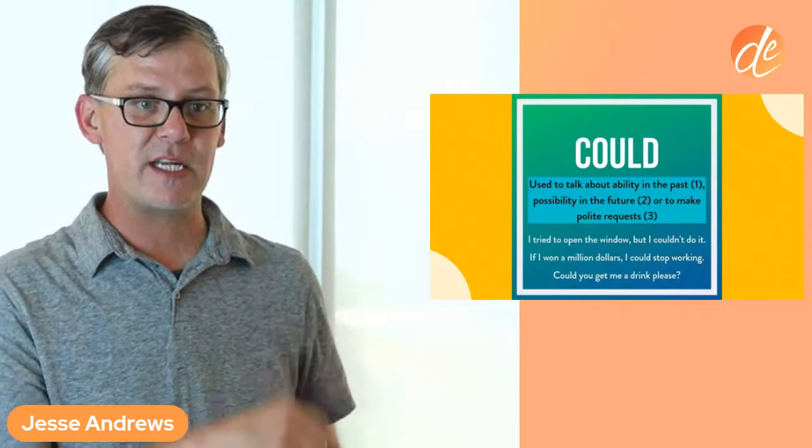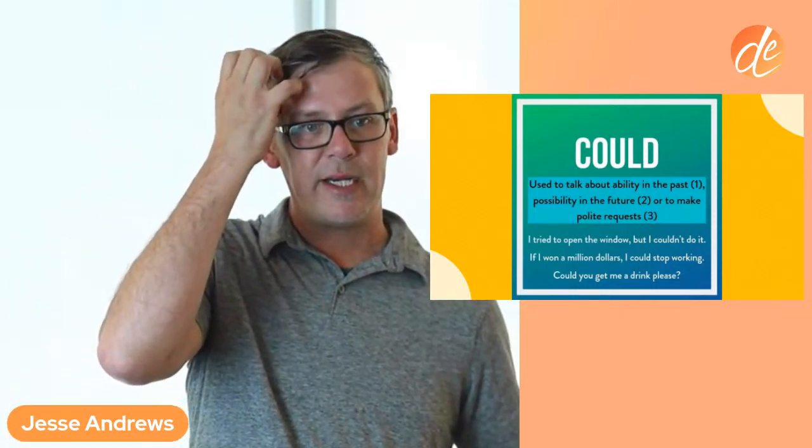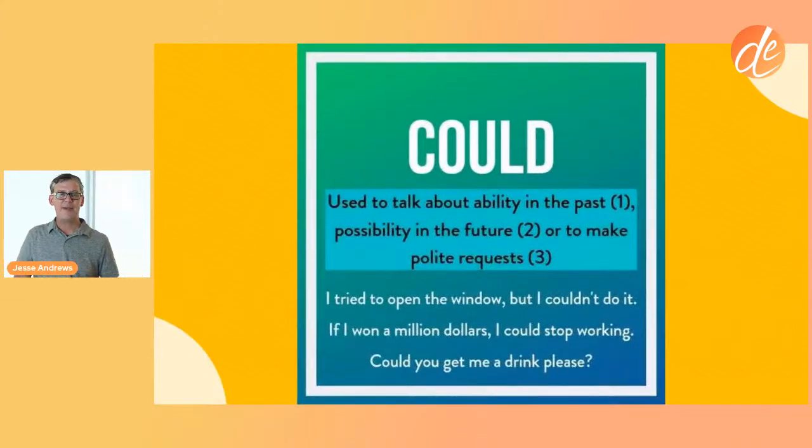All right, so let's take a look at some of those examples there. You're going to see, I tried to open the window, but I couldn't do it. Again, we're seeing that contraction there and that negative, which we're going to talk about in just a moment. And here we see on that second example, like I said, it's a hypothetical. So that sentence is starting with that all-important word, if. If I won $1 million, I could stop working.